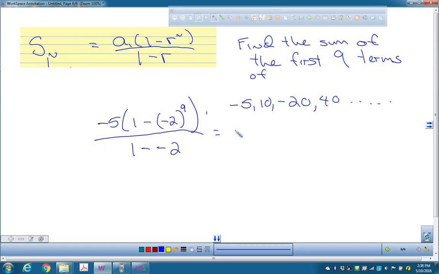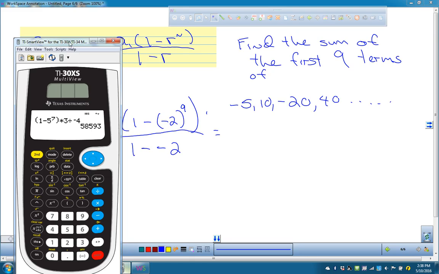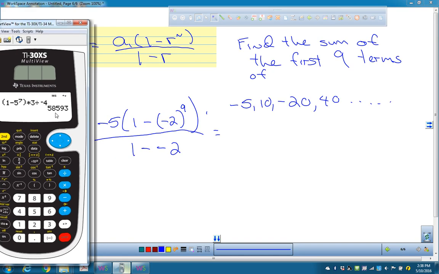So this is what I do. I would take my calculator, I would go 1 minus negative 2 to the 9th. I'm going to put this in parentheses: negative 2, parentheses, raised to the 9th power, right?